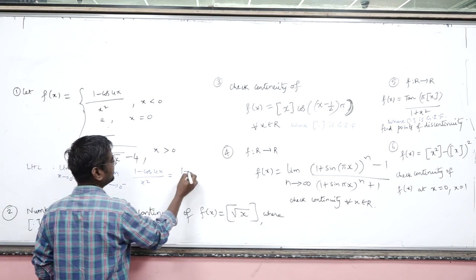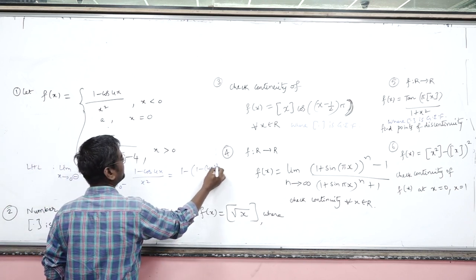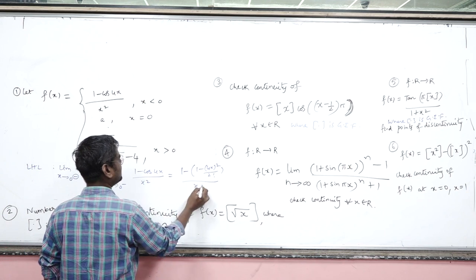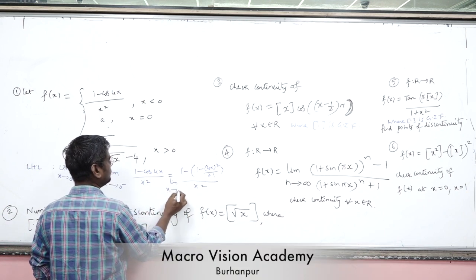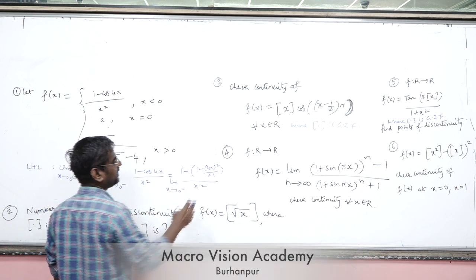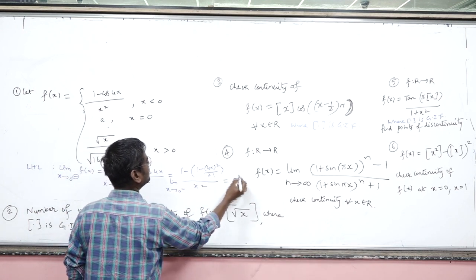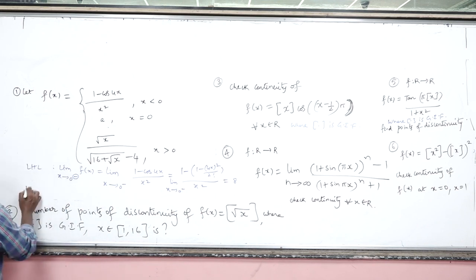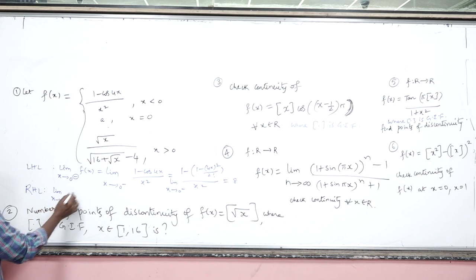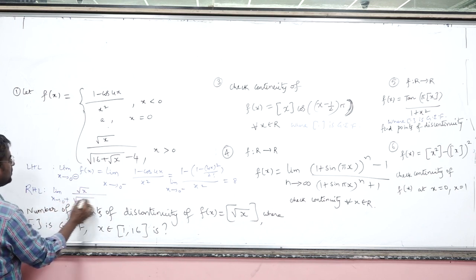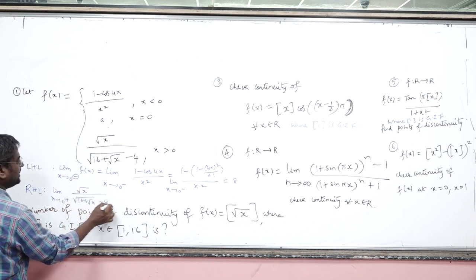I use expansion: 1 minus (1 minus (4x) square by 2 factorial) by x square, as limit x tends to 0 minus. So this is 16x square by 2, which is 8x square by x square, that is 8. Similarly, RHL, limit x tends to 0 plus root x by (root over (16 plus root x) minus 4).